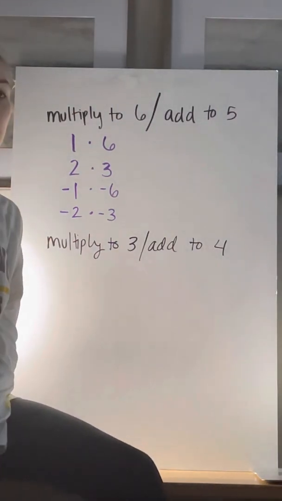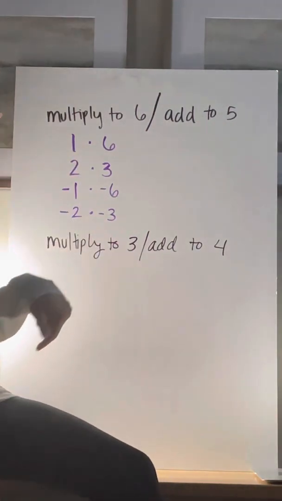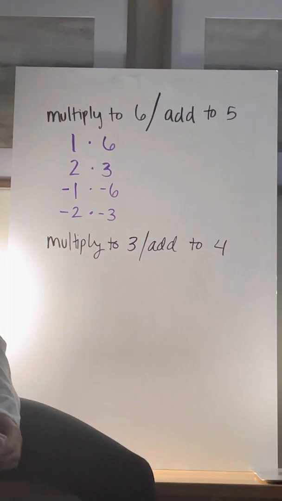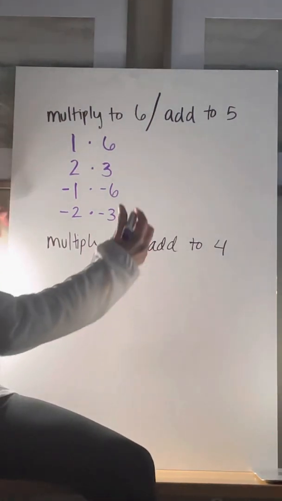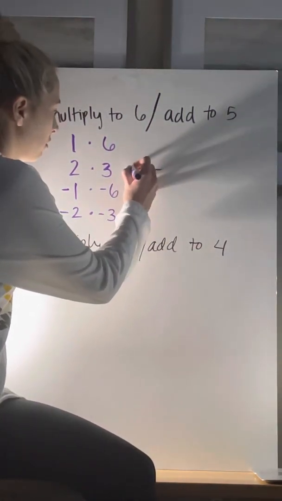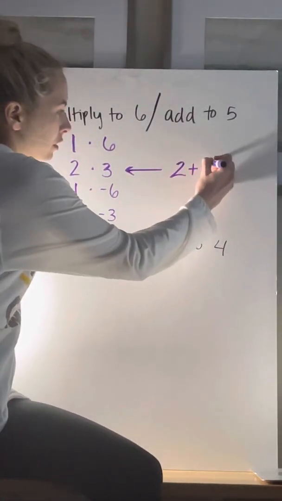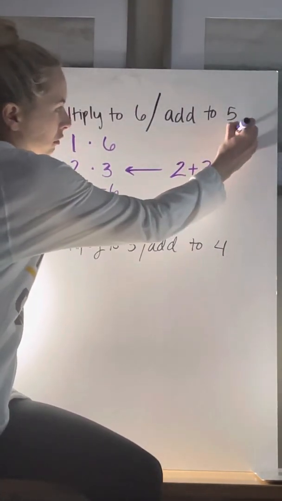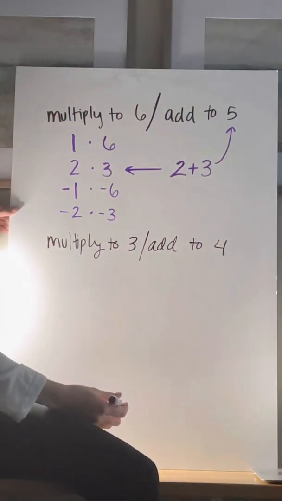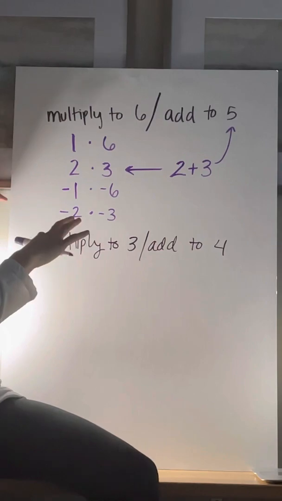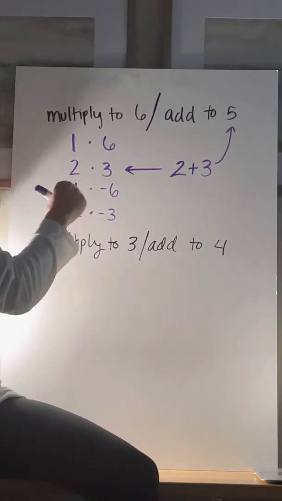Now which set of these, so there's only one set, will add to get 5? That is going to be this one right here, because then we put it together, 2 plus 3, we get 5, right? Again, it can kind of be tricky. I don't want you to think we're subtracting.